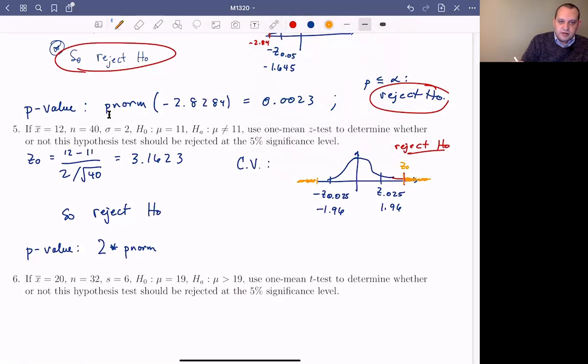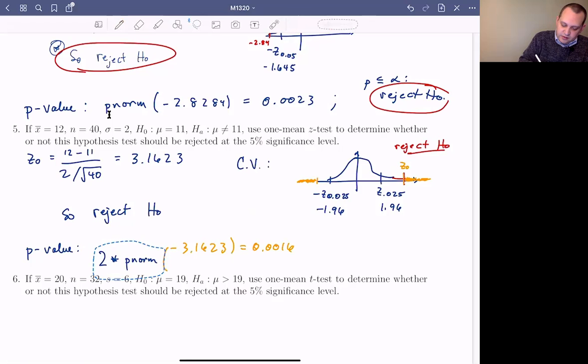So those two orange areas added together give us 2 times p norm of negative 3.1623, and that turns out to be 0.0016. So this orange bit is the p-value that we're looking for.